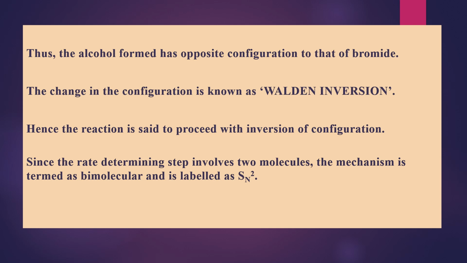So, as two molecules are involved in the rate determining step, the mechanism is said to be bimolecular and is labeled as SN2. Okay, clear? Is it interesting, students? Fine. Okay, so write down all the points in your notebook and learn the SN2 mechanism carefully.